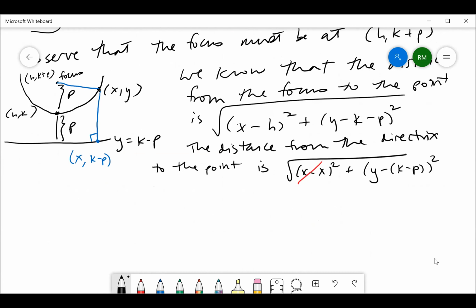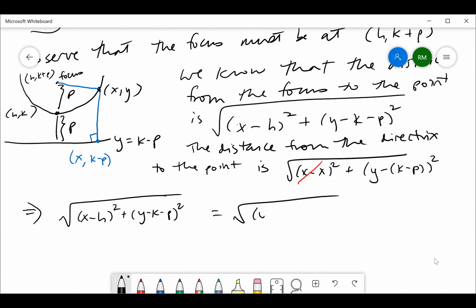All right, so let's solve this equation and see what happens. We set these two things equal to each other because we know that the distance between the line, that's the directrix, and the point must be the same as the distance between the point and the focus. So square both sides.